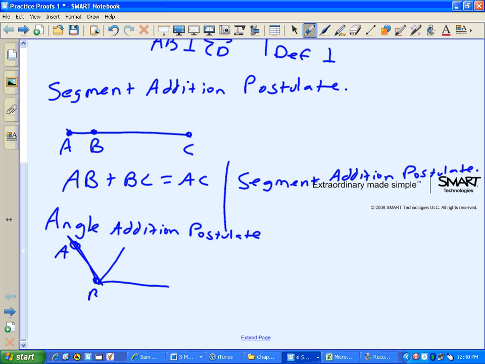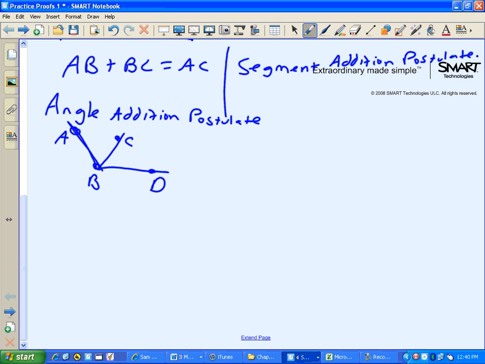A, B, C, D. If I can see that I have two adjacent angles, I can say that the measure of angle ABC plus the measure of angle CBD equals the measure of angle ABD.